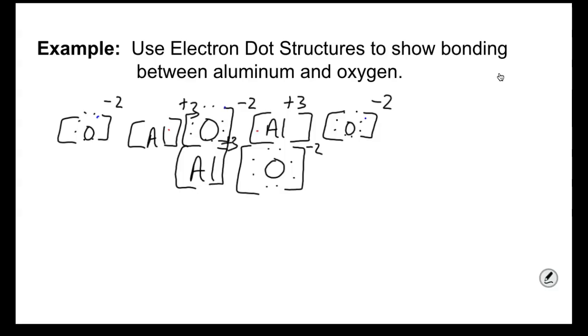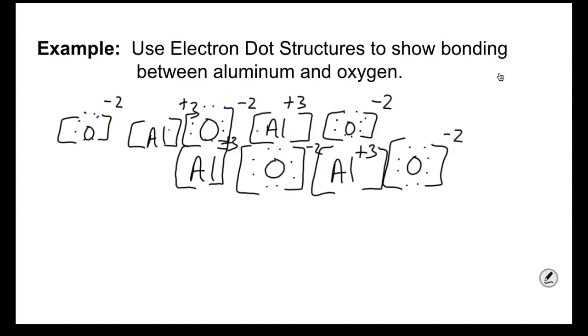This has a +3. Okay, over here, I'm going to do another Al, okay? And that's going to be a +3. Okay, I'm going to do an oxygen over here. And here I'm going to do a -2. If I look now at what I've drawn, you guys, I'm going to just quickly add up all my negatives in the entire picture.